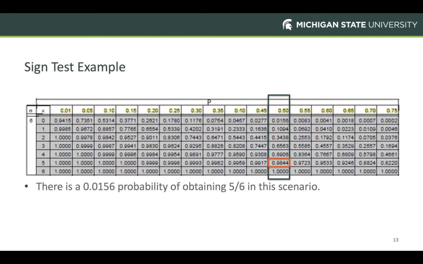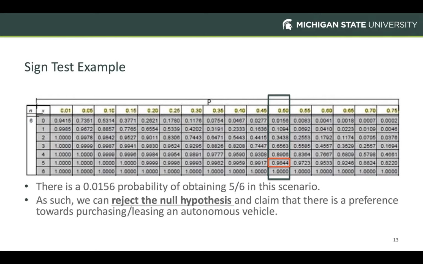If it's less than 0.05, that tells us that our probability of observing that extreme of an outcome is going to be very unlikely just based on random chance. And so consequently, we can reject the null hypothesis and claim that there is in fact a preference towards purchasing or leasing an autonomous vehicle, okay?